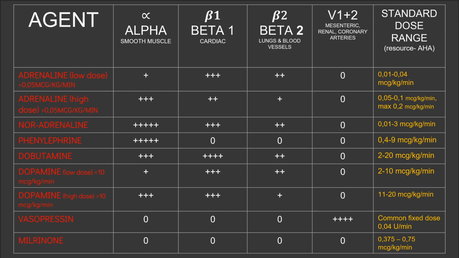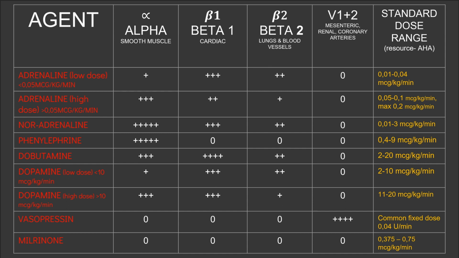Especially look at this one where it changes from an inotrope into a pressor. If we look there, it also has a function on our beta 2, and at a lower dose it has a higher affinity for beta 2, and it vasodilates our lungs and a little bit of our blood vessels as well. But as soon as you go higher, it has less affinity there for beta 2, and then no effect on the V1 and 2.